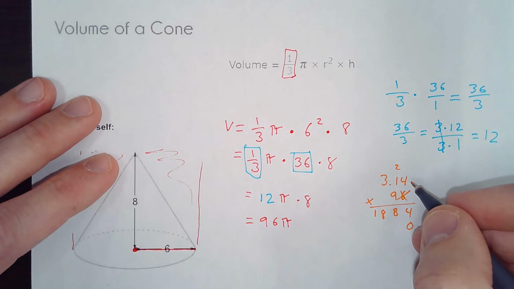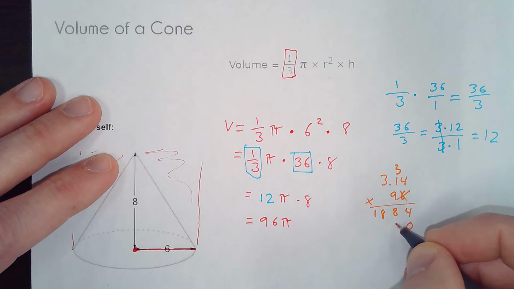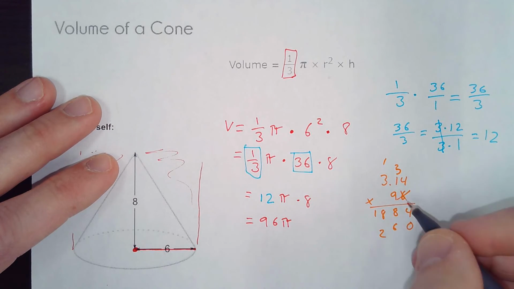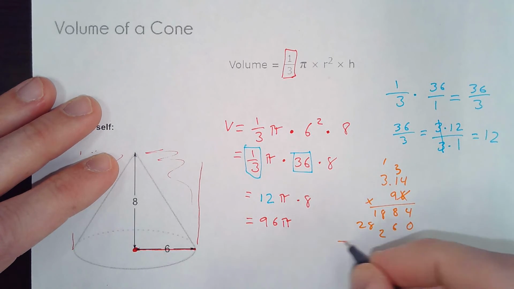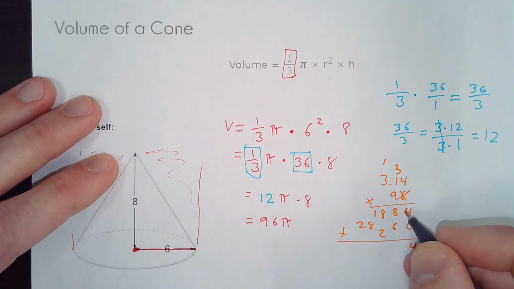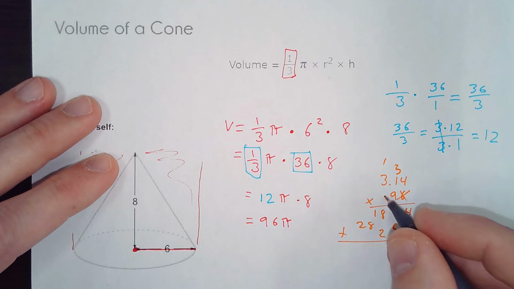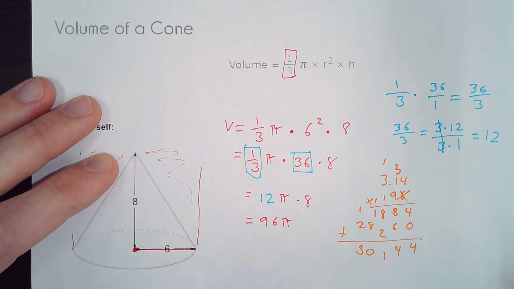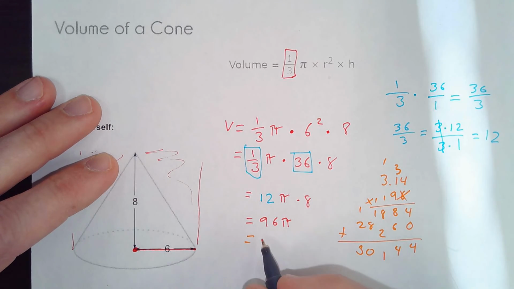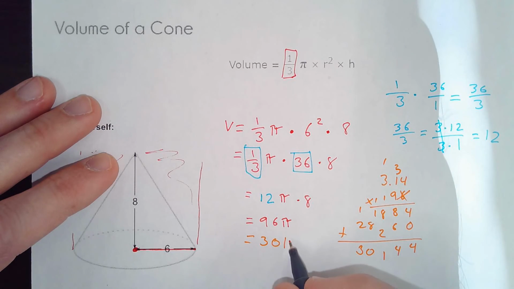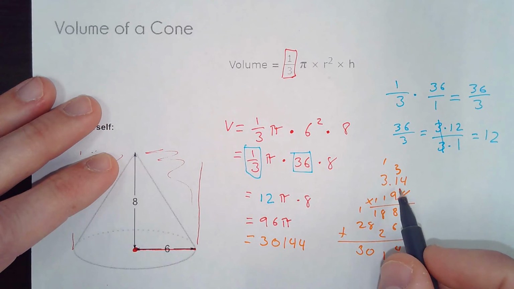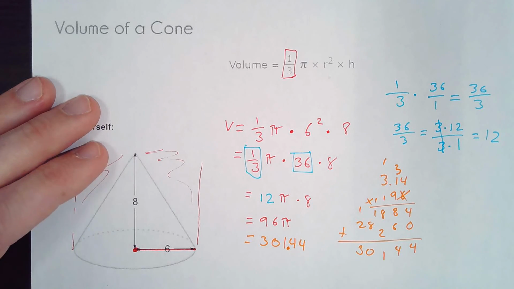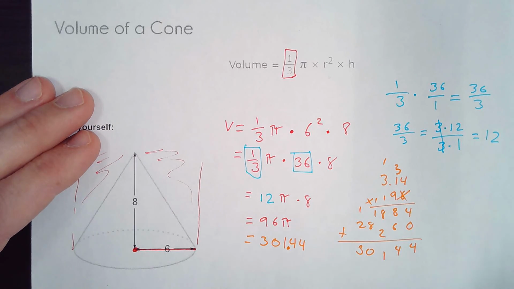So 9 times 4 is 36. 9, 10, 11, 12, 27, 28. Add these up, we get 4, 14, 11, 10. All right, so this is equal to 30144, but then we had 2 decimal places up here. So 301 and 44 hundredths.